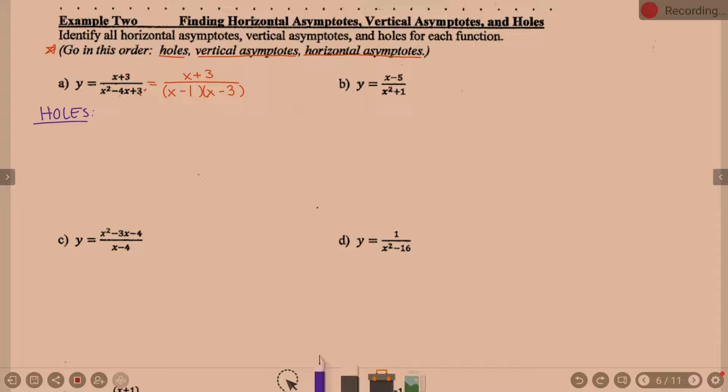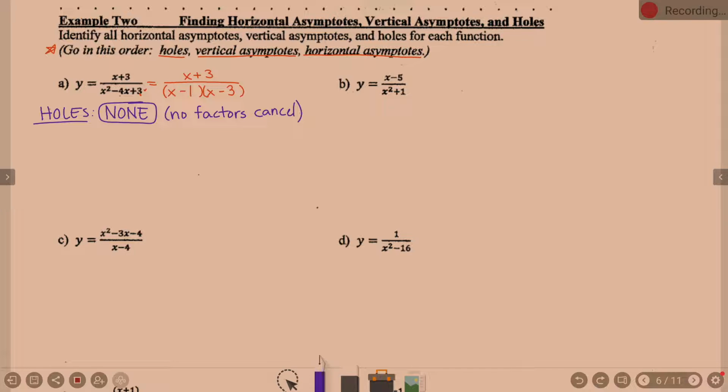No. So does anything cancel? Nothing cancels. So since nothing cancels, there are no holes. So I'm going to say none, and I'm putting here in parentheses, no factors cancel.